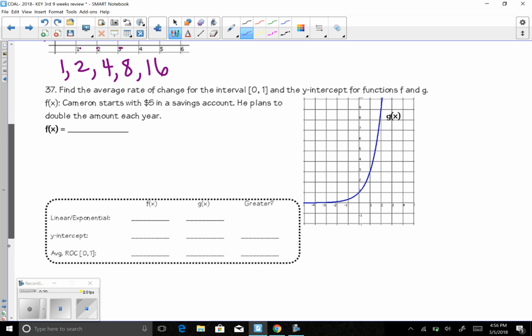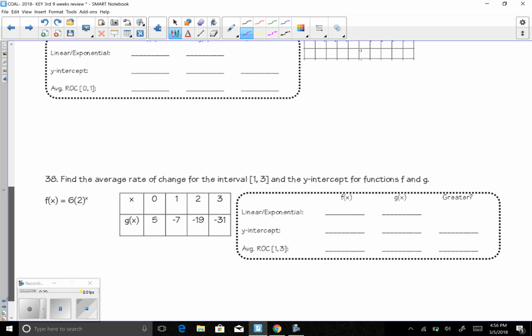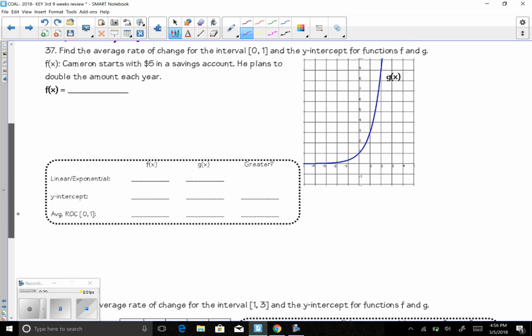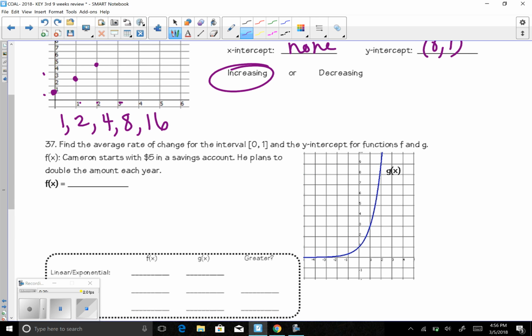Okay, so 37 and 38 are the linear and exponential comparison problems. So 37, I'll write the equation for you, and then you can do the rest. So Cameron starts with $5 in a savings account, and he plans to double the amount each year. So that's 5 times 2 to the x. So here's your interval.